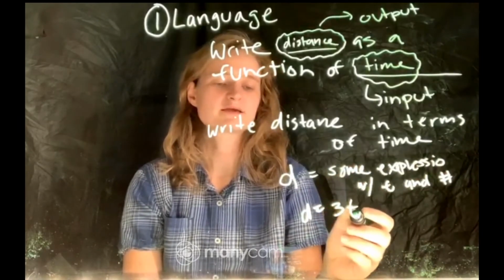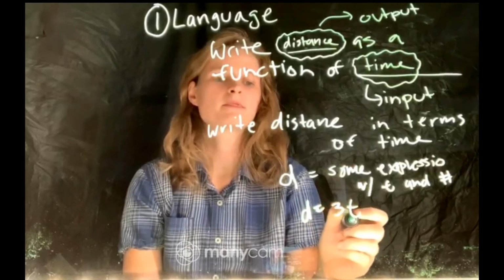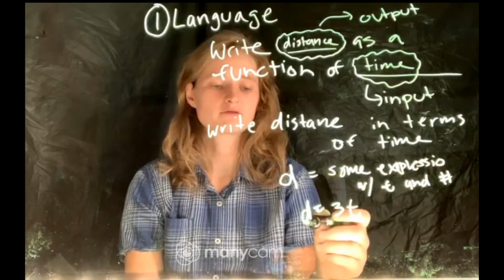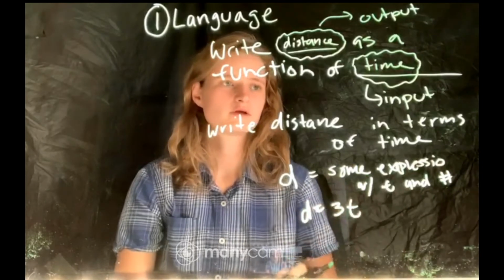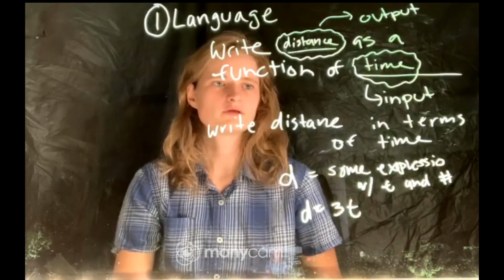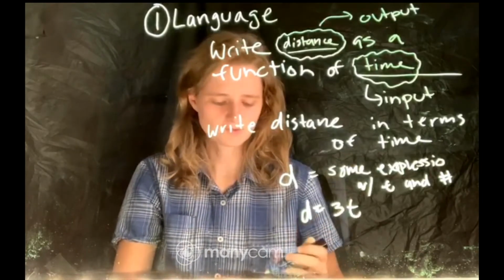If t's in seconds and d's in feet, then this would mean after 1 second you've gone 3 feet, after 2 seconds you've gone 6 feet, and so forth. So a lot of the problems that we'll be dealing with will be written in this form. So it's important to feel comfortable with that.